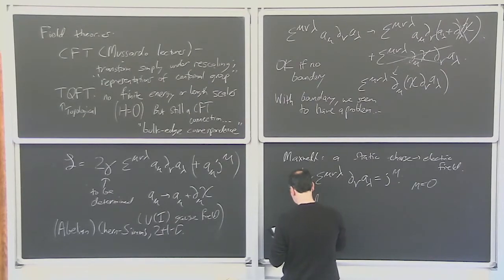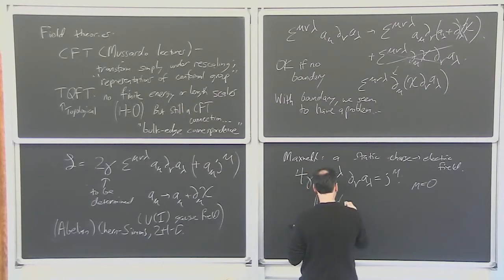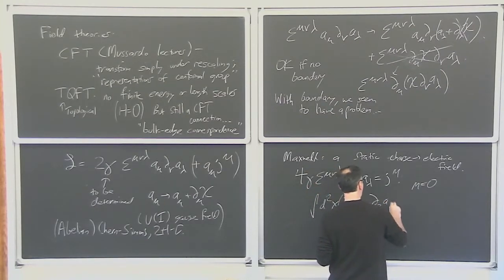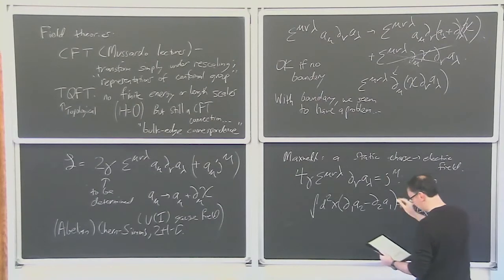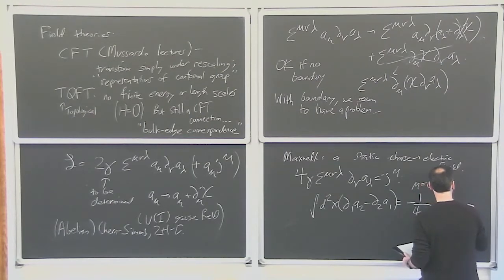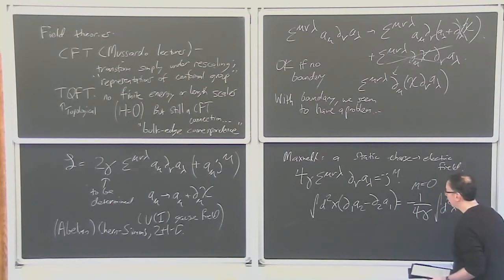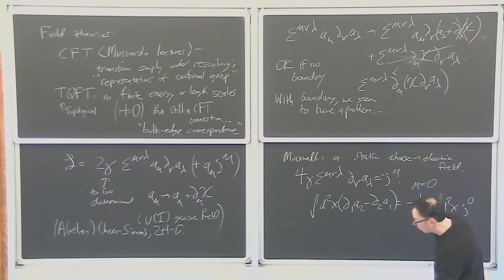And what I'll get is that the integral, if I integrate both sides over space, d1a2 minus d2a1 is just bringing over the 4 gamma to the left, and it looks like I forgot a minus sign there, integral d2x j naught.